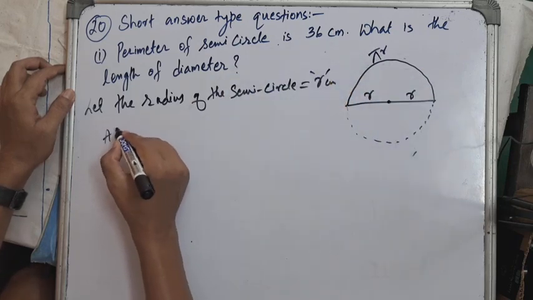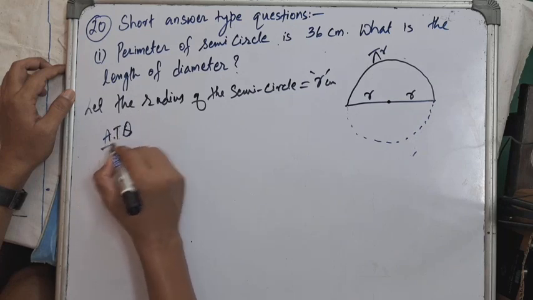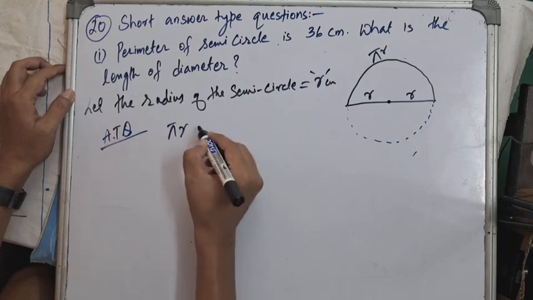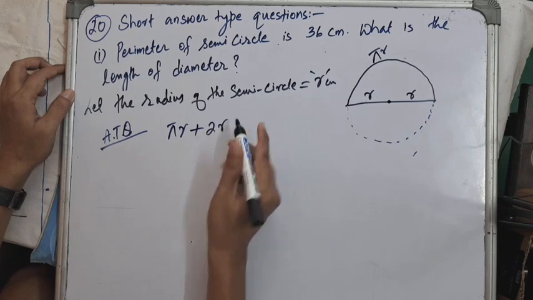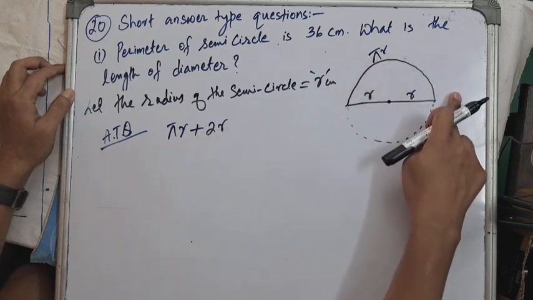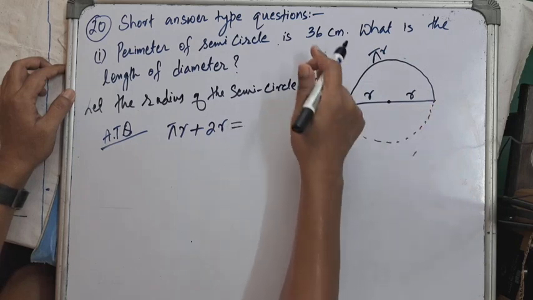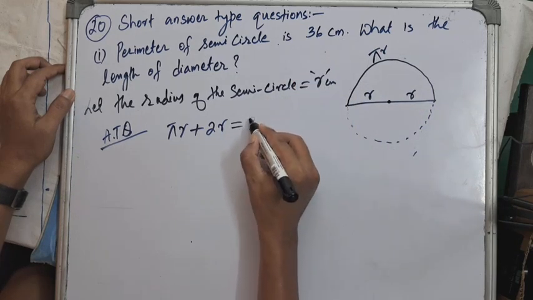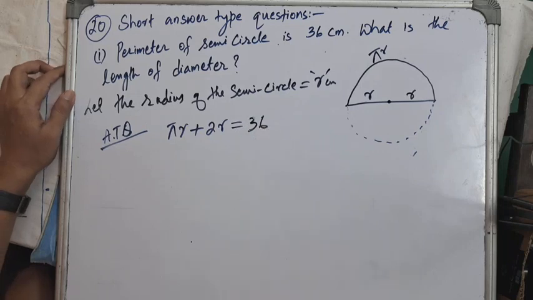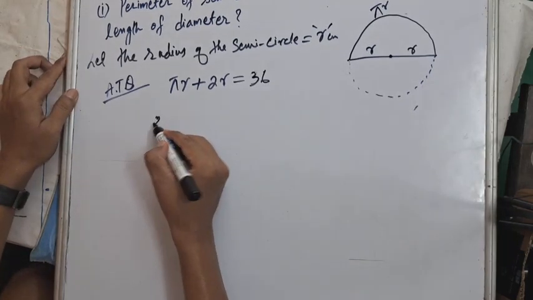So according to the question, pi r plus 2r, where pi r means the length of the curved part and 2r means the length of the diameter, is equal to 36 centimeter. This is given to us. Let us take r common from these two terms.